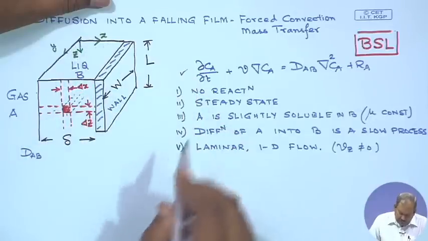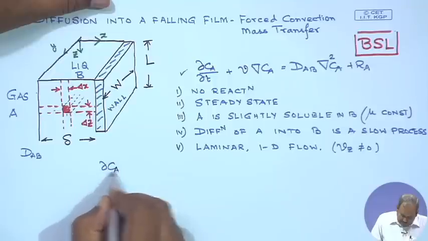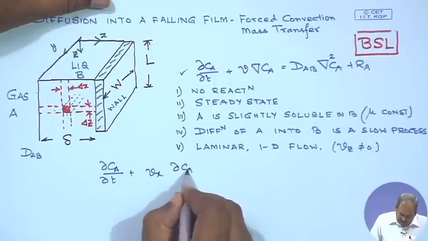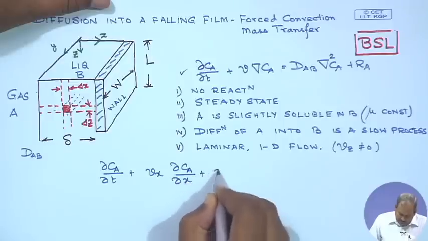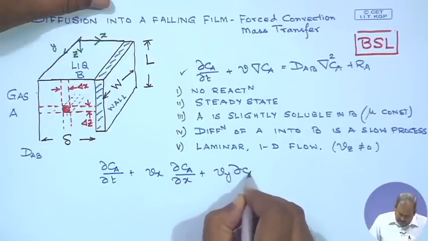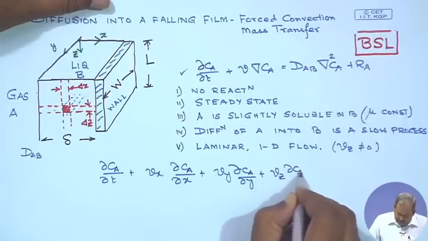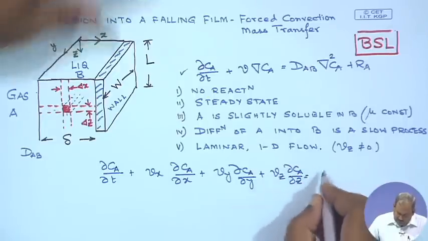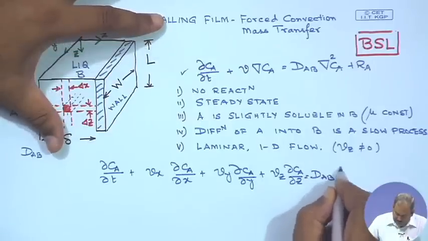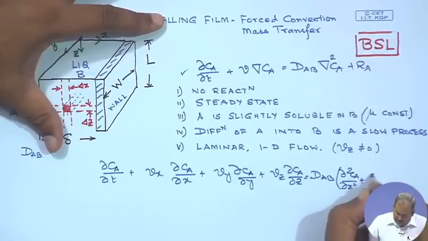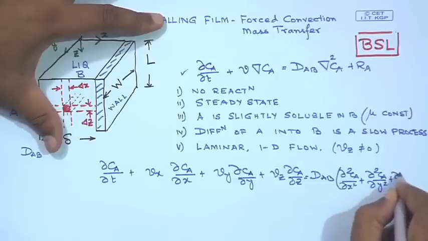So, now I am going to expand this. If I expand this, it is simply going to be del C A del t plus V x del C A del x plus V y del C A del y plus V z del C A del z is equal to D A B times del square C A by del x square plus del square C A by del y square plus del square C A by del z square.